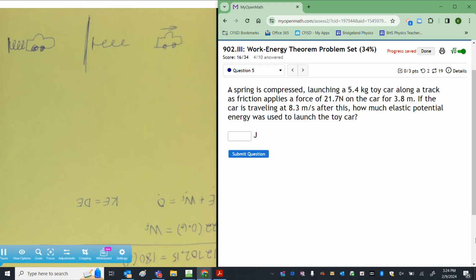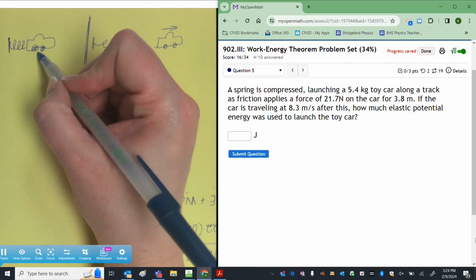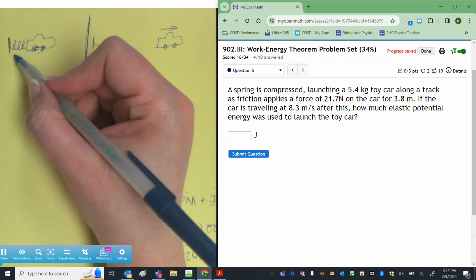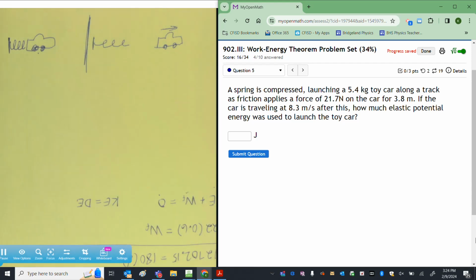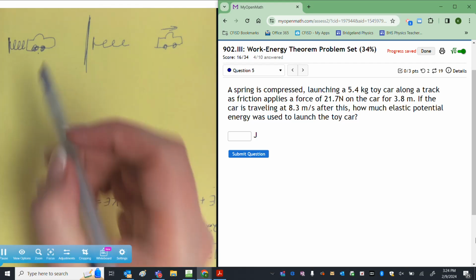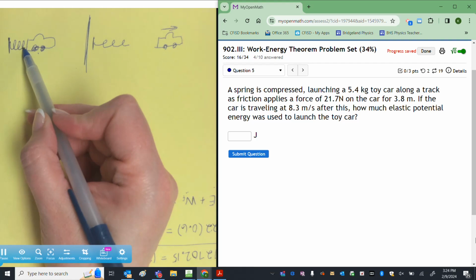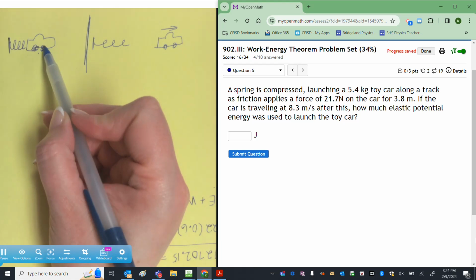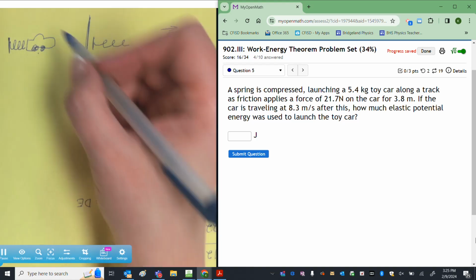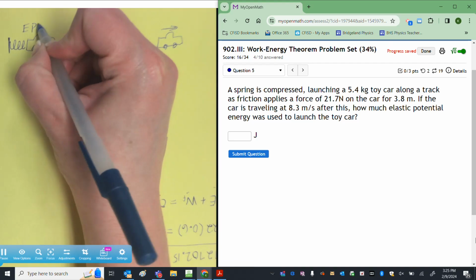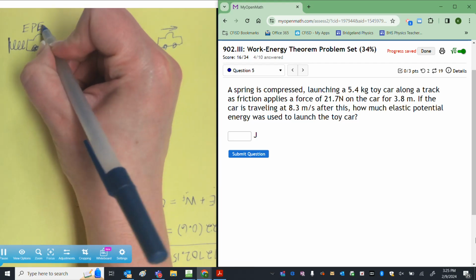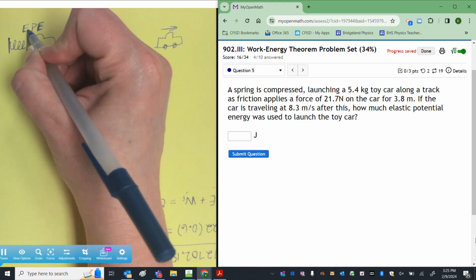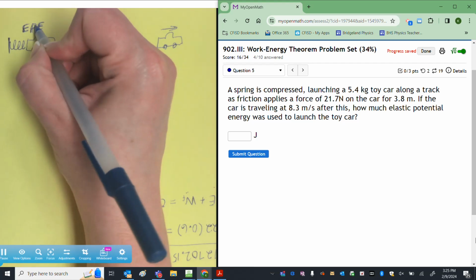Okay, but again, I know at this stage when the spring is being compressed, I have elastic potential energy, but I also know that when it's released the spring is going to do work on the car. It depends on what it asks for, because it could ask for the work done by the spring, and that's going to be the exact same answer as the elastic potential energy that it has.